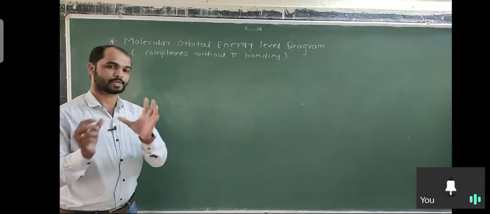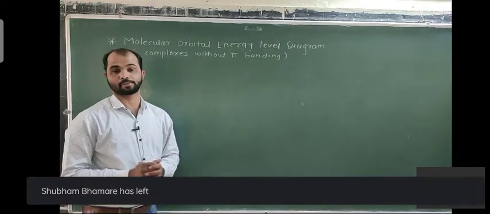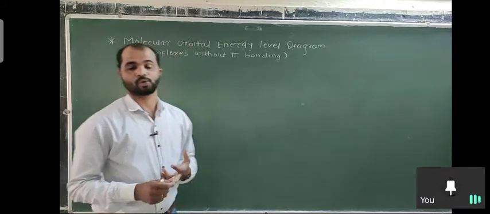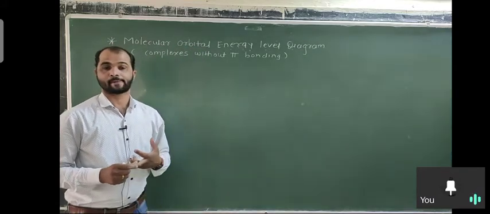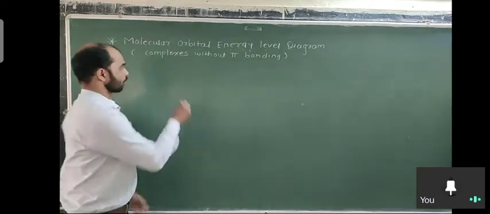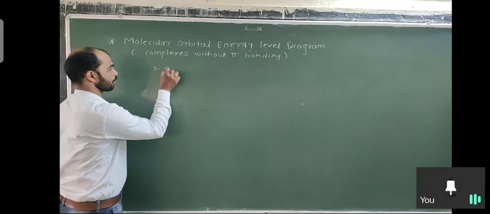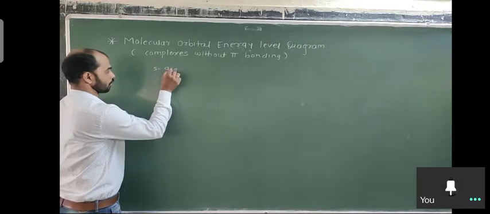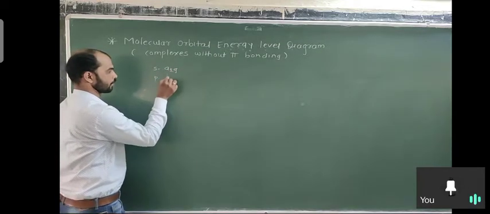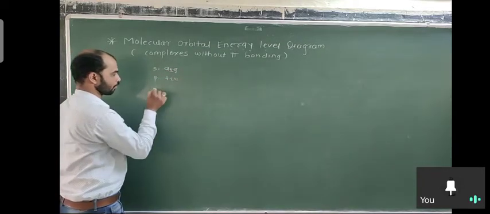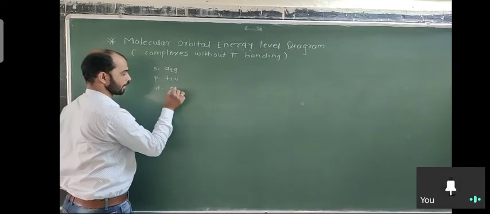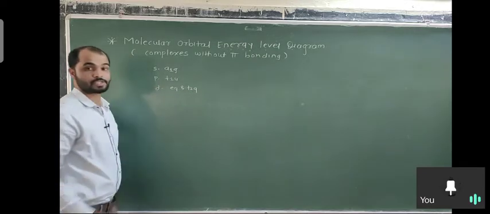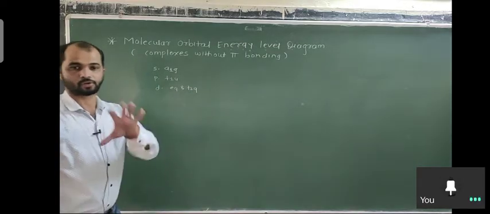We use different symmetry symbols for the s orbital, p orbital and d orbital. For the s orbital we use A1g as the symmetry symbol. For the p orbital we use T1u. For the d orbital we use Eg and T2g, because the d orbitals have two types of orientation out of five.